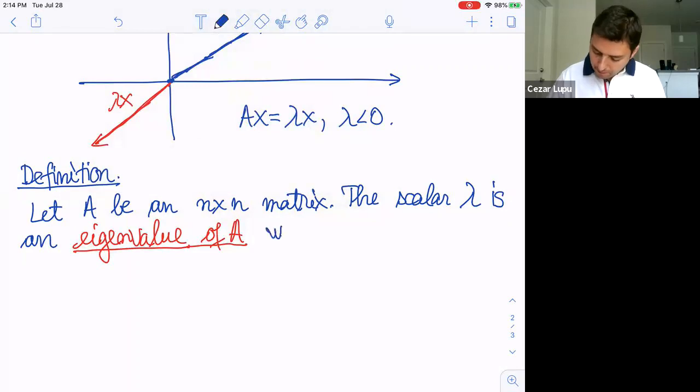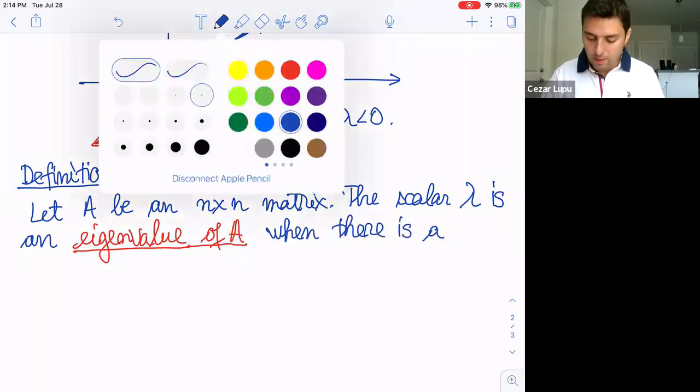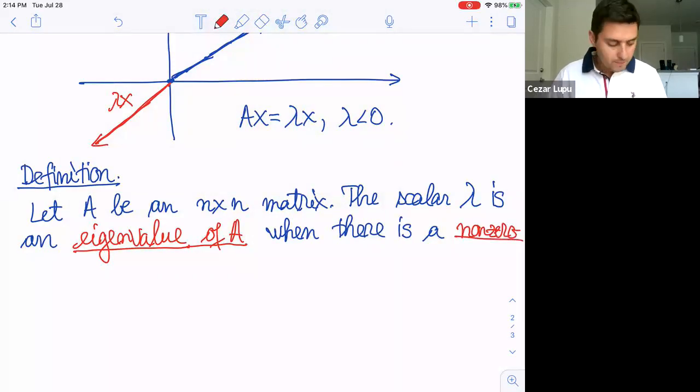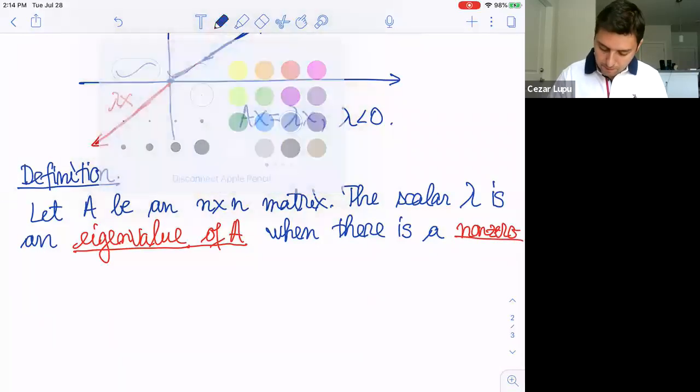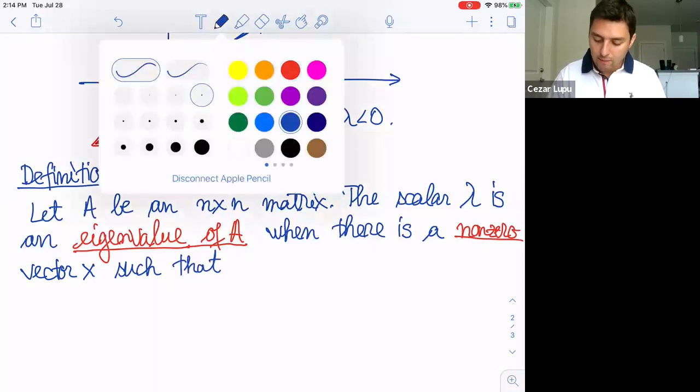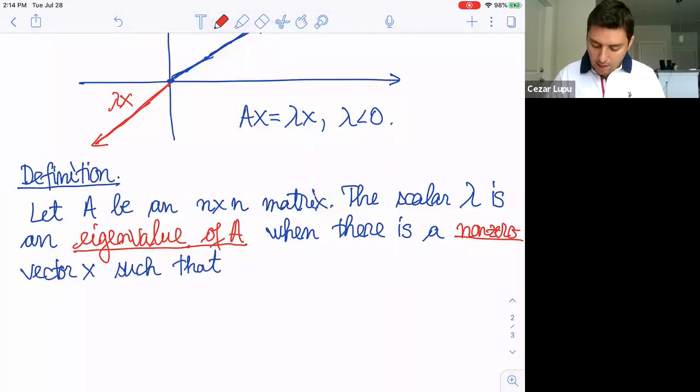When there is a non-zero, and I want to stress this out because it's important, non-zero vector x, right, such that, just like we said at the beginning, we have this Ax equals lambda x.